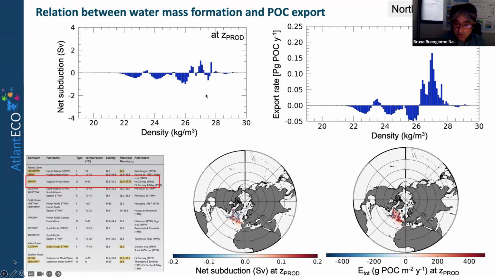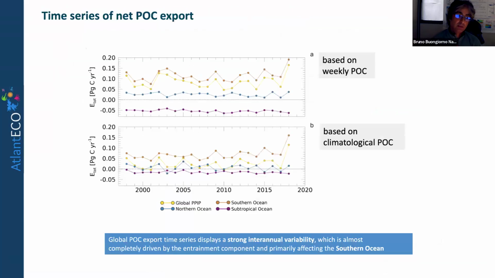That's part of the story that we found to be quite interesting, also because when you look at global estimates and the different latitudinal bands, you realize that what is most important is the Southern Ocean. And so we started focusing more on what is driving the time variation in the Southern Ocean.